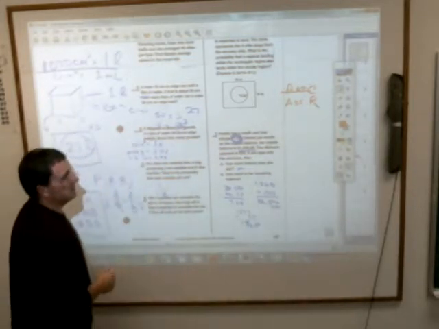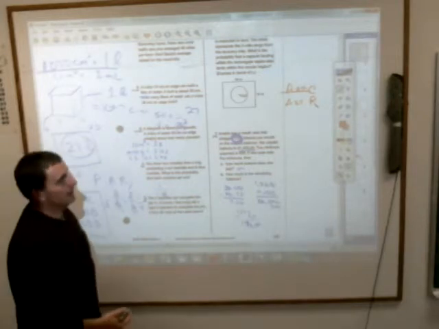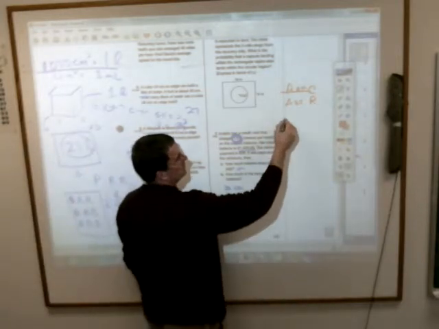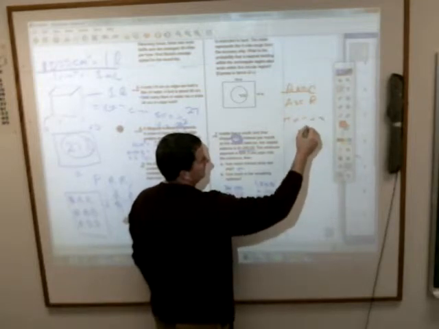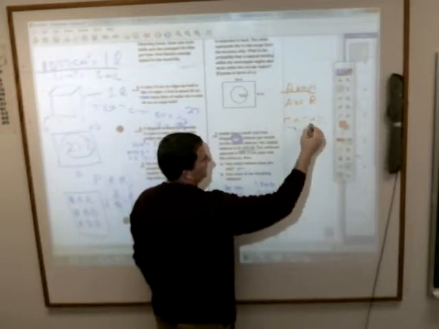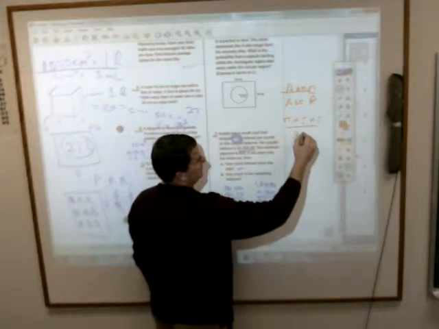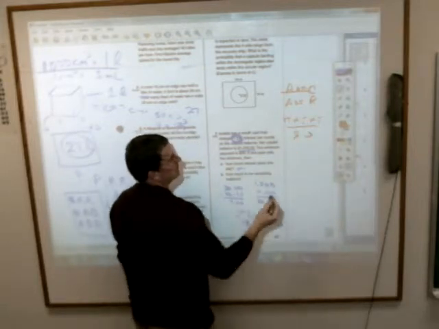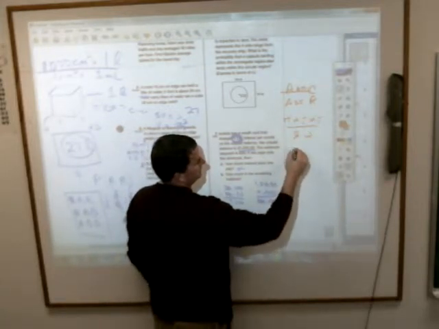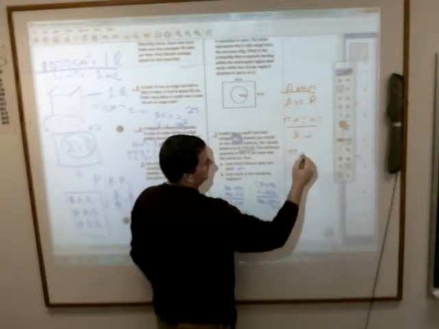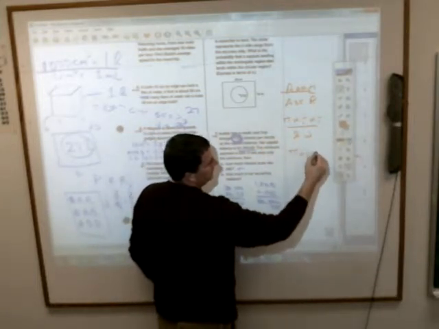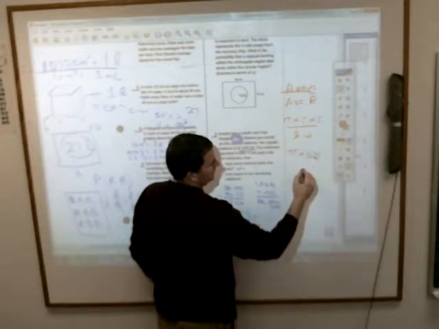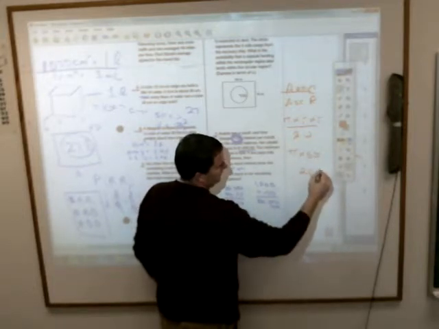The nice thing is they say you can leave your answer in terms of pi. So the area of a circle is pi times radius times radius. How nice that works. And the area of the rectangle is length times width. So what is the radius? Who asked me this one? What's the radius up here? 5. So on top we end up with 25 pi's.